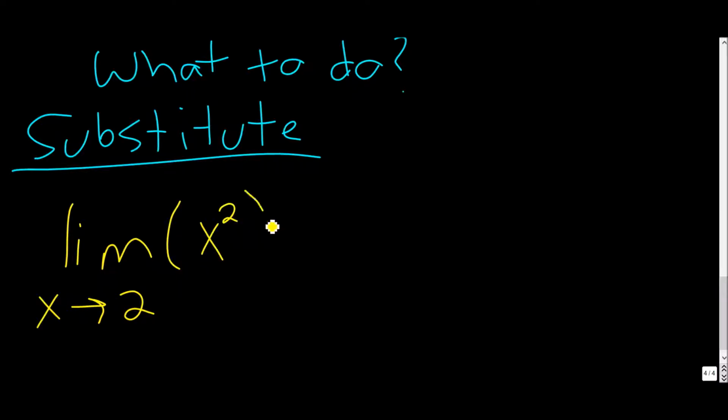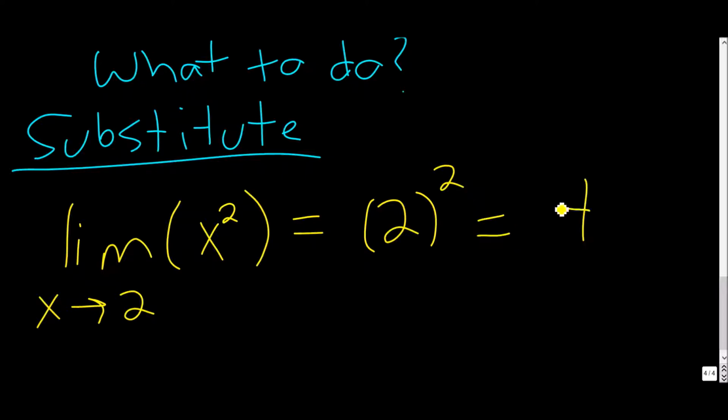Well, this is going to be 2 squared. Voila, that's the limit. The limit is 4, right? The function x squared would be predictable, taking on the value 4 there. If you plug it in and you get a number, good job. That's all you have to do.